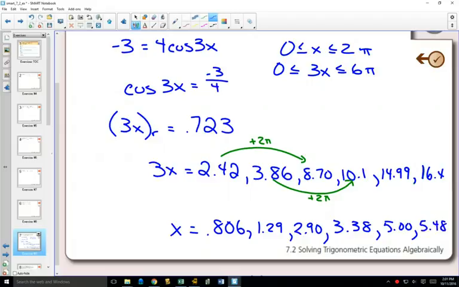So now all 6 of those answers are between 0 and 2 pi, between 0 and 6.28.